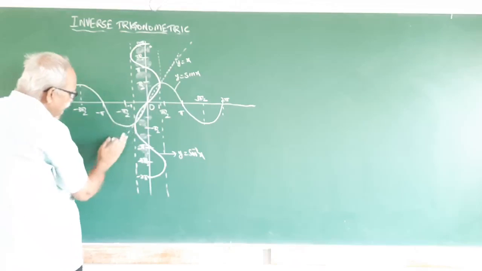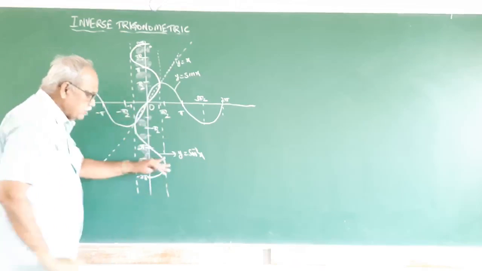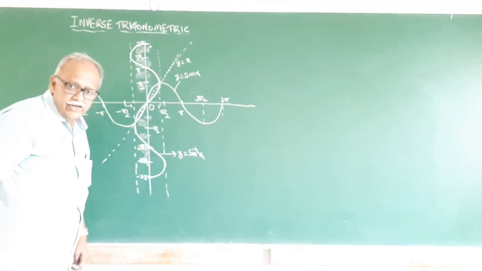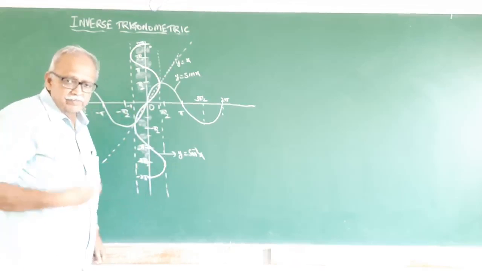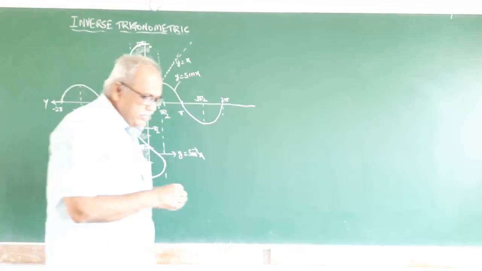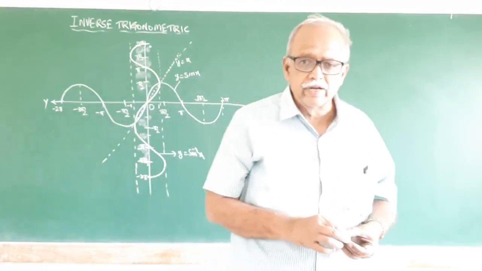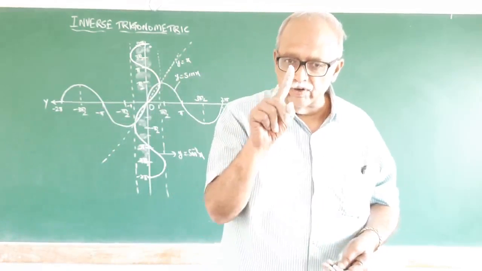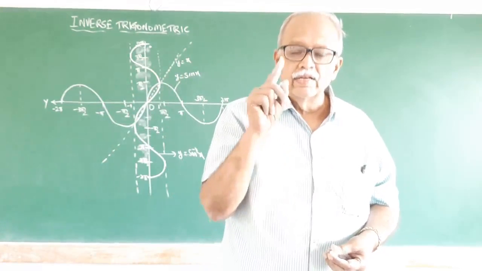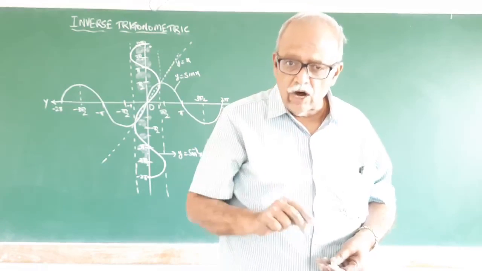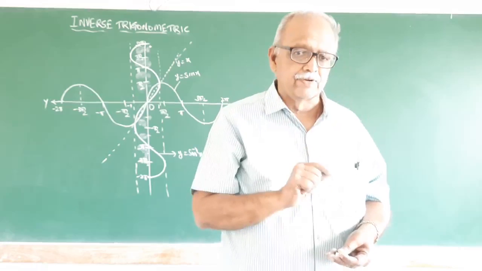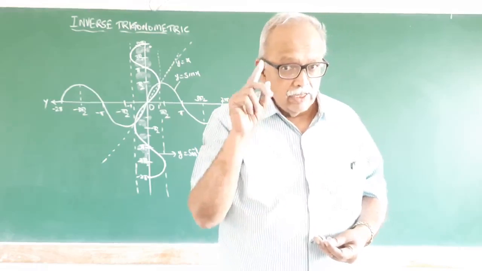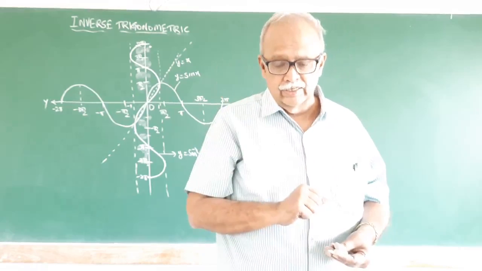If you fold it, both curves will coincide. That is called the mirror image. So every inverse function graph is a mirror image of the original function graph along the line y is equal to x.